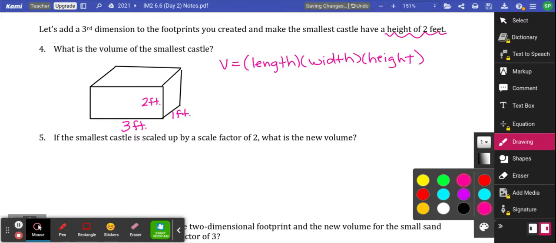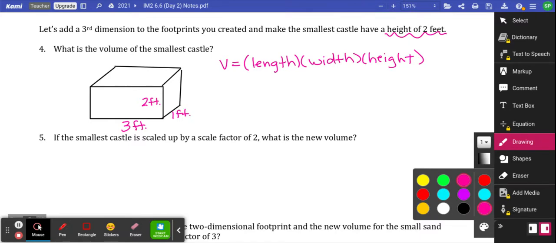The area of the base here is just length times width because it's a rectangle. If our base was a triangle, this would be 1/2 base times height of the triangle, and then times your height, however high the prism stands, right?